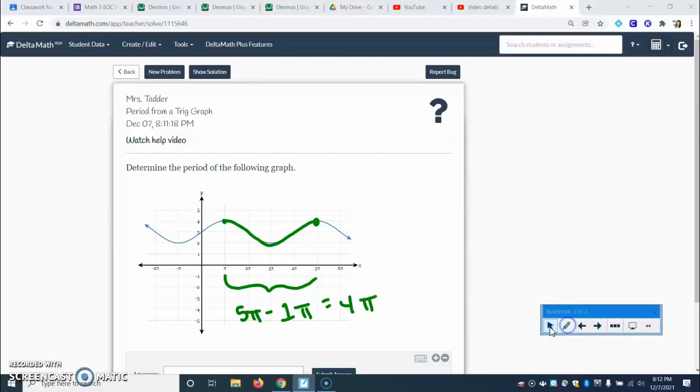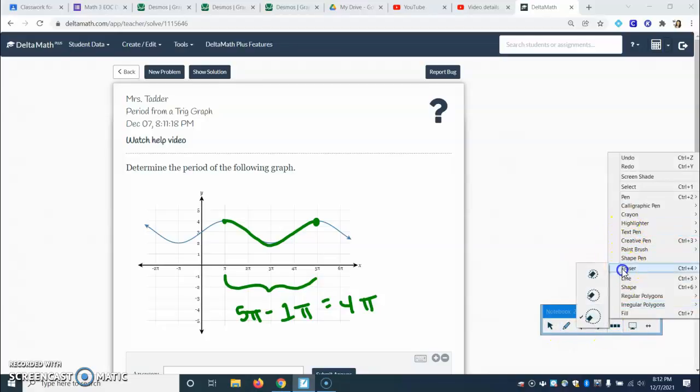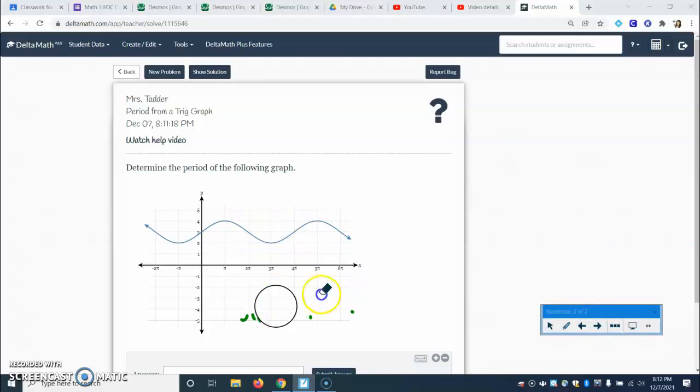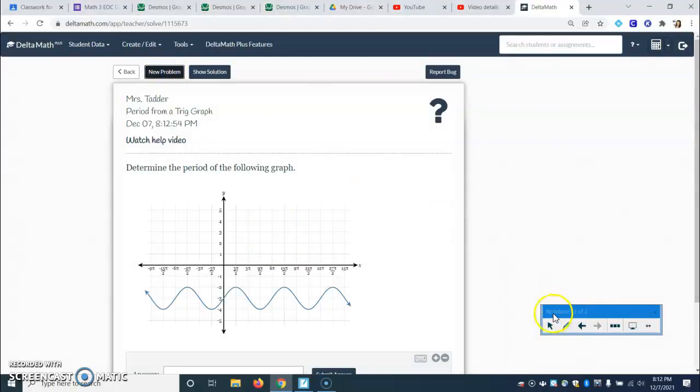All right, let me do another one. So this one, again, I like to try to go maximum to maximum or minimum to minimum if I can.